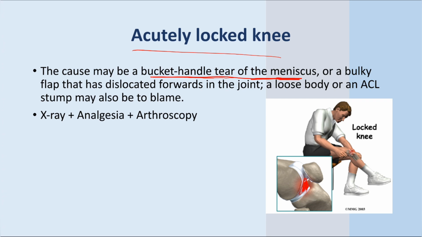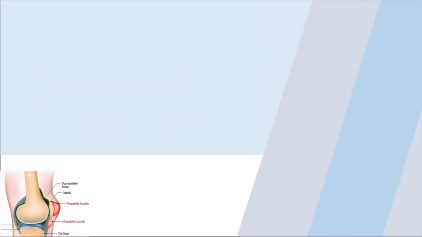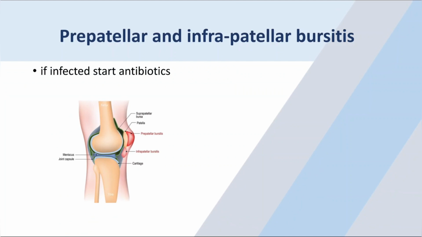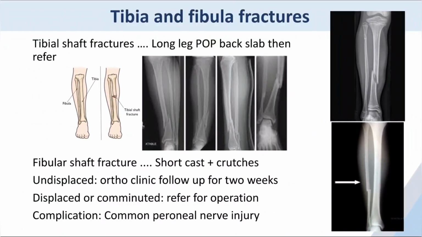A loose body or an anterior cruciate ligament stump may also be blamed. You have to do an X-ray to know if there is any avulsion fracture, give analgesia, and do arthroscopy. Patellar and infrapatellar bursitis are also there. The patient has pain and swelling over the bursa. If infected, you may start antibiotics.